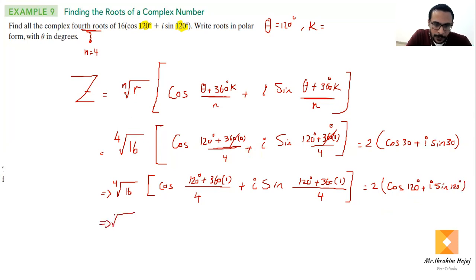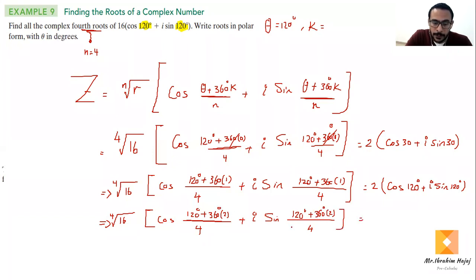Then we find the third root, the fourth root of 16, and replace the value of k by 2: 120 plus 360 times 2, two revolutions, plus i sine of the angle 120 degrees plus 360 times 2.